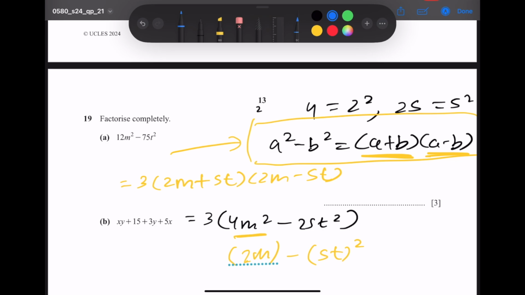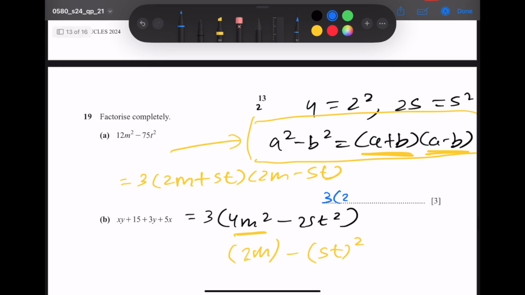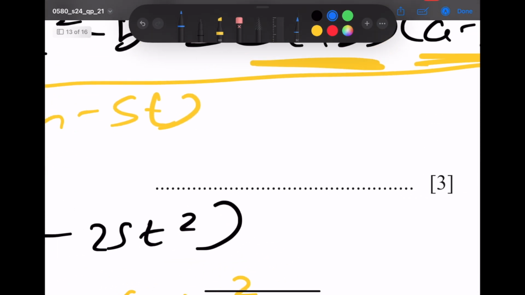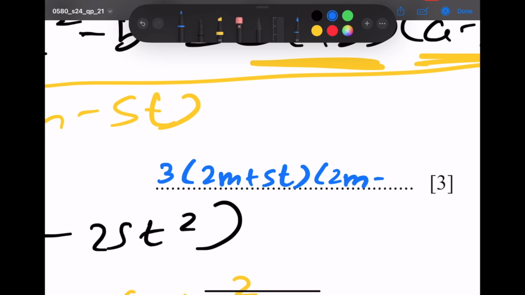So in this case, the final answer will be 3 times 2m plus 5t times 2m minus 5t. I think decrease the size, zoom in to make it all fit in the same line. 3 times 2m plus 5t, 2m minus 5t.